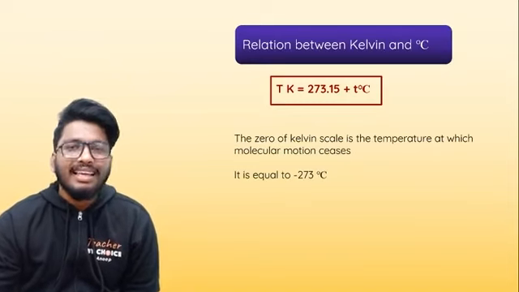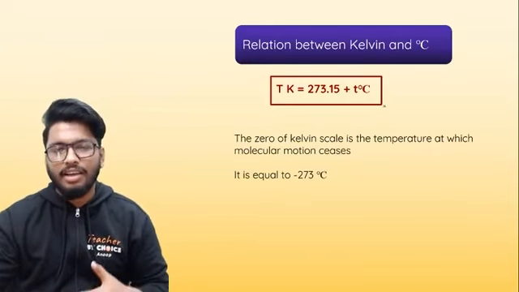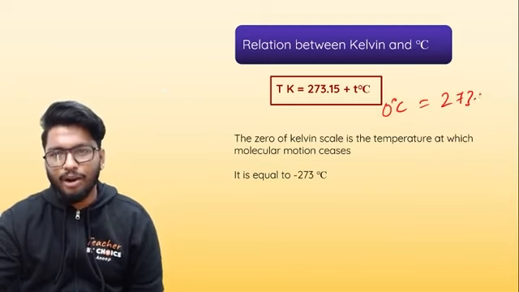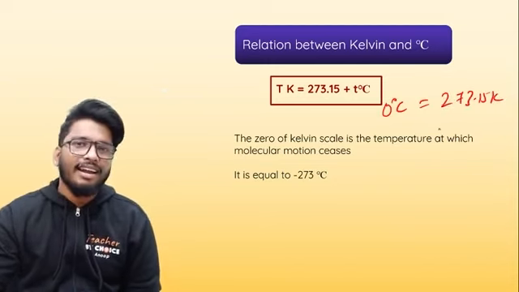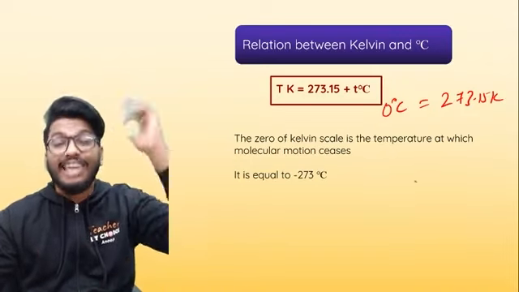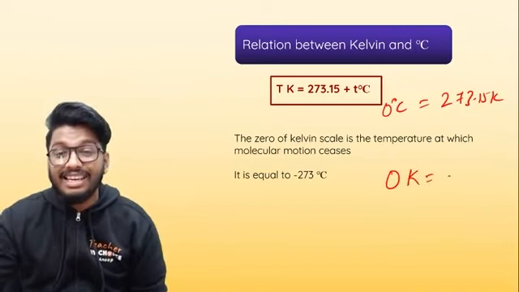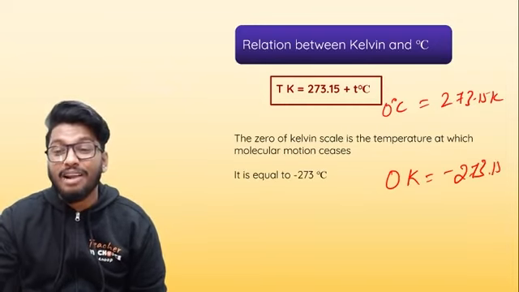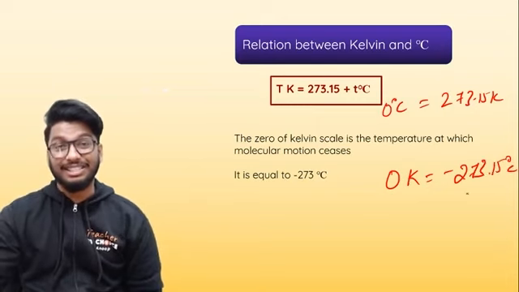Now, in terms of Celsius, think about it. 0 degree Celsius, I told you, is 273.15 Kelvin. If you talk about 0 Kelvin, it is minus 273.15 degree Celsius.